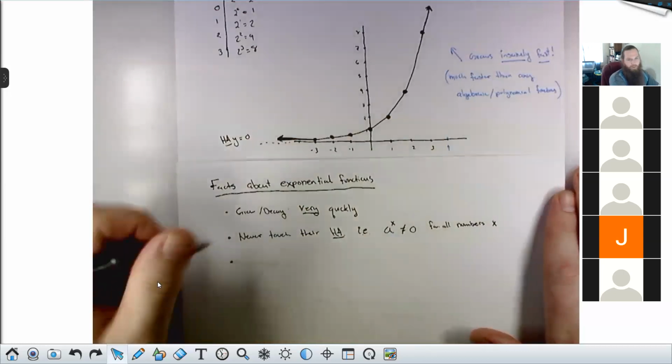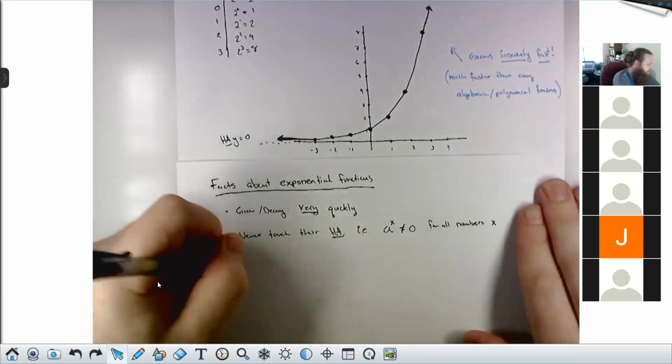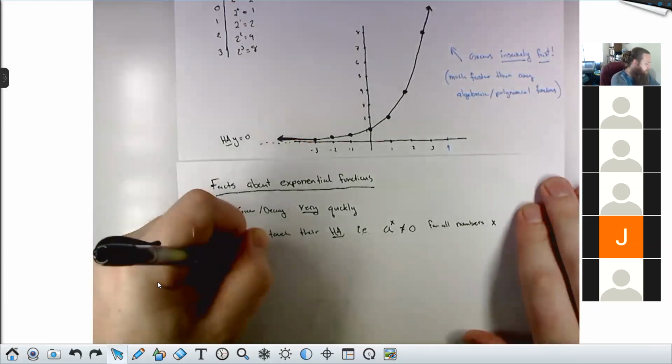What else do you notice about this graph? So it grows fast. It sits down on the line y equals 0, but it never touches it or crosses it. What else? Think increasing, decreasing. Do you see any interesting features of this guy relating to its increasing, decreasing behavior? It's always increasing. They're monotone. That's the term for that.